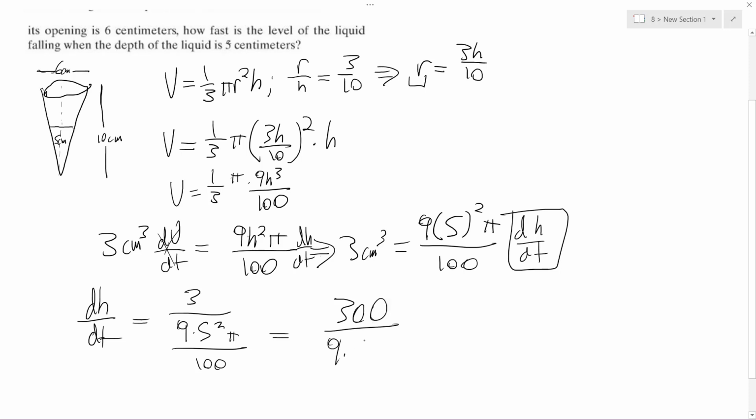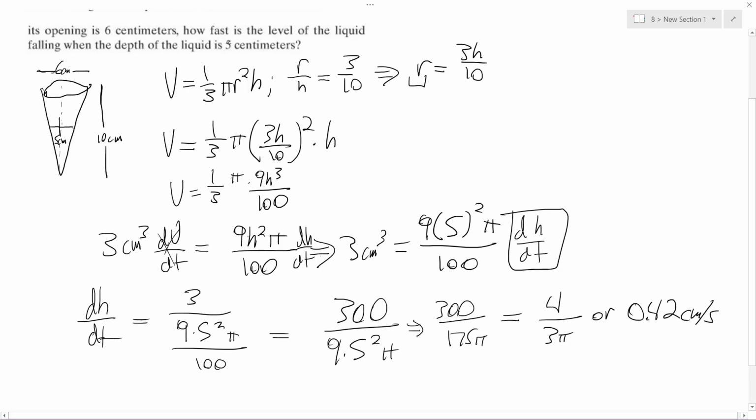I'll fix that for us. All right, I got it. And then basically 25 times 9 is 225. And this breaks down into 4 over 3 pi, or roughly 0.42 centimeters a second. And that's how fast it's going down at this point.